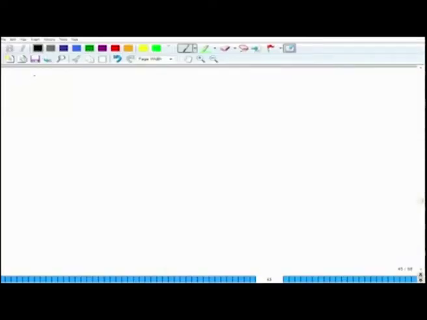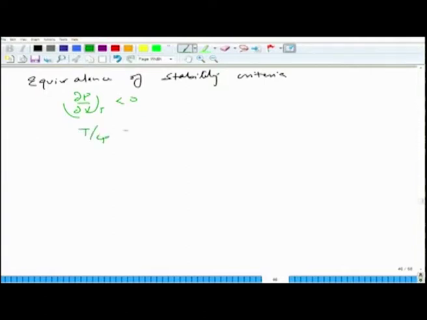So the question is how to demonstrate equivalence of stability criteria. Okay, and what we are interested in is to show whether this expression and this expression are equivalent.